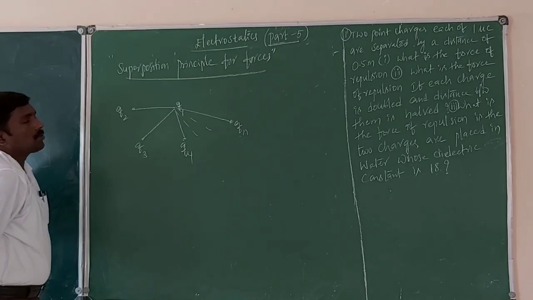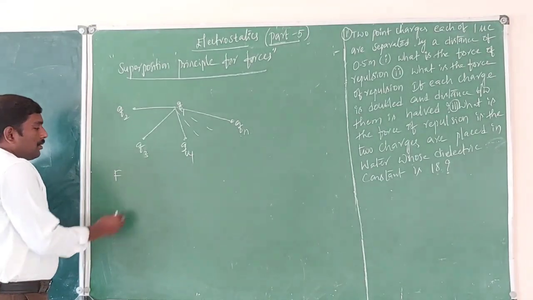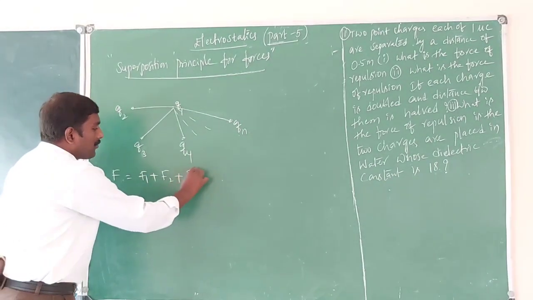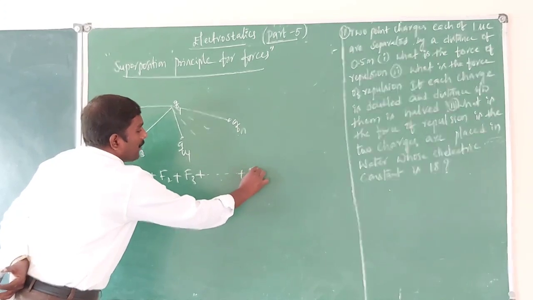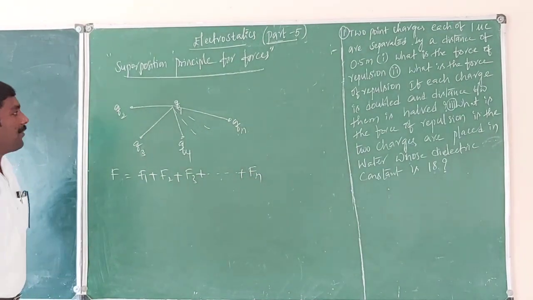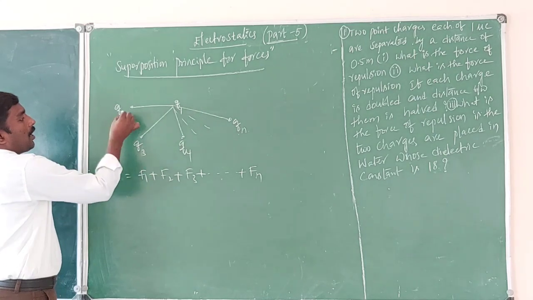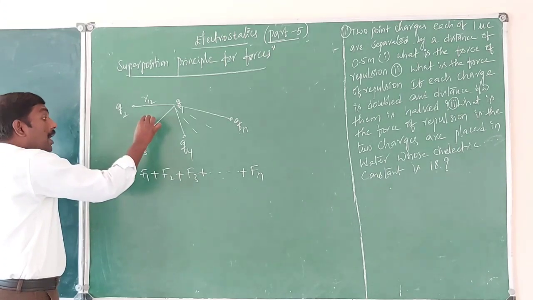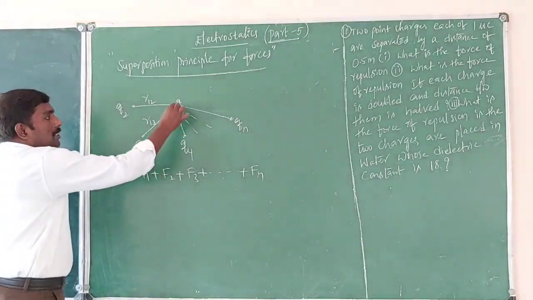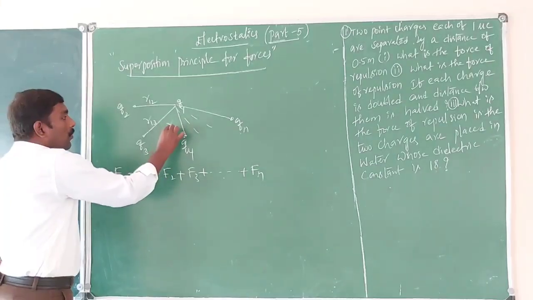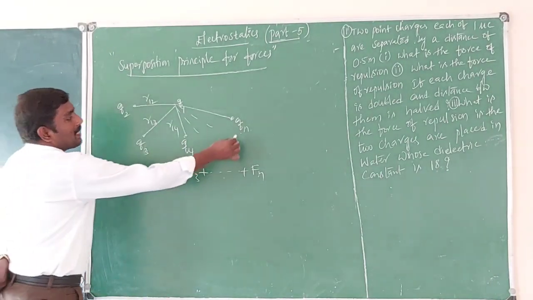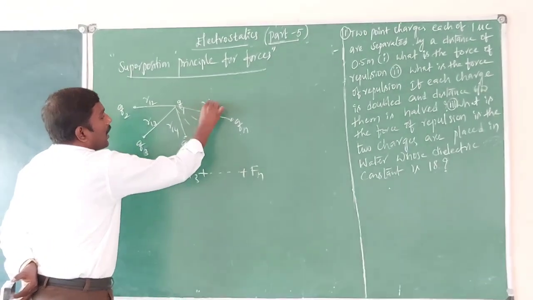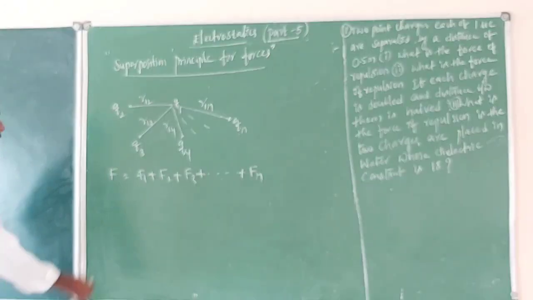Then, using the superposition principle, F is equal to F1 plus F2 plus F3 plus and so on plus Fn. The distance between Q1 and Q2 is R12. The distance between Q1 and Q3 is R13. The distance between Q1 and Q4 is R14. Similarly, the distance between Q1 and Qn is R1n.